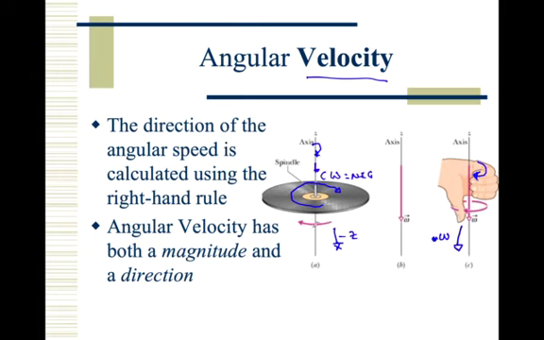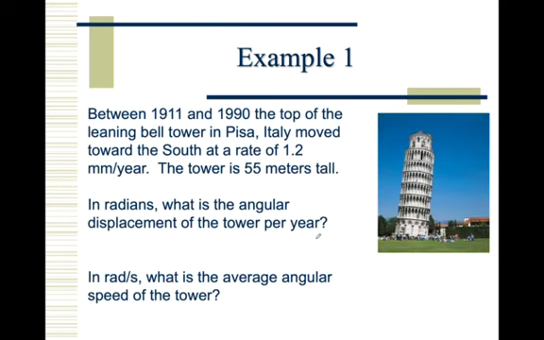If they put their right hand fingers rotating this way here, they'll also agree that it's pointing downward. The beauty of the right-hand rule is no matter from what perspective you look at it, you'll agree on the direction of omega, or the angular velocity. So omega is used both for angular speed and angular velocity. If it's the vector, which includes the direction, we usually put a little vector sign above it.